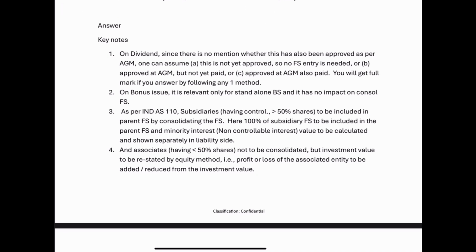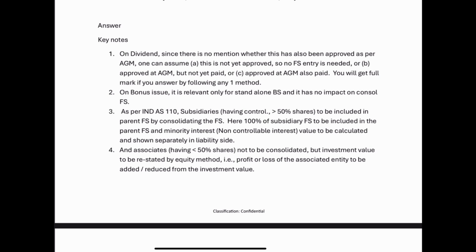Here I will try to explain some basic concepts which need to be taken care of when we prepare the consolidated financial statement. They have given that a dividend has been declared and is still not accounted for, as given in the notes. Generally, when a dividend is declared, it also needs to be approved at the annual general meeting.